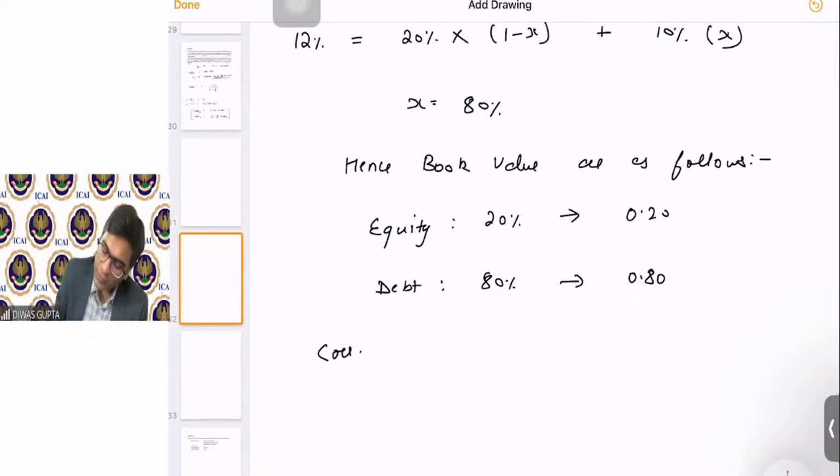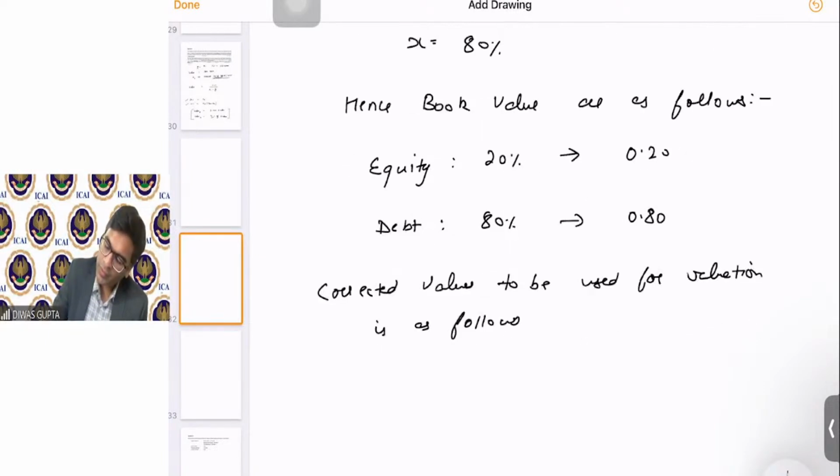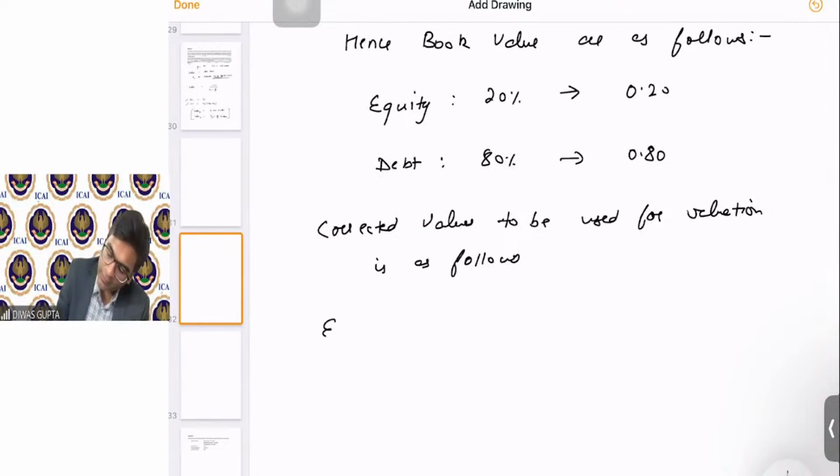Corrected values to be used for valuation are as follows. For equity, this will be 3 times 0.20, so this becomes 0.60.